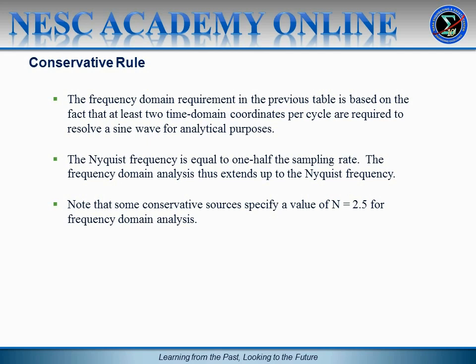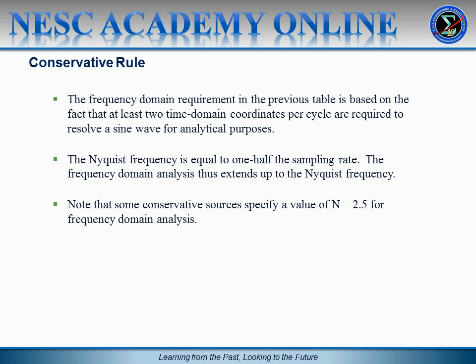The frequency domain requirement in the previous table is based on the fact that at least 2 time domain coordinates per cycle are required to resolve a sine wave for analytical purposes. In other words, for our highest frequency of interest, we need at least 2 points to characterize the corresponding sine function. Now the Nyquist frequency is equal to 1/2 the sample rate.